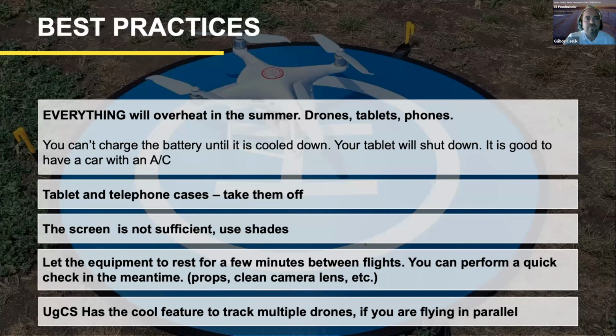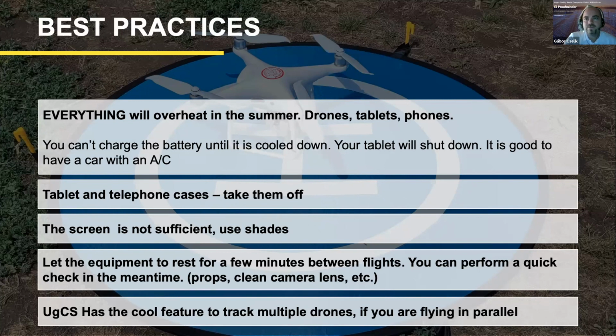So the best practices in general, everything will be really hot in the summer. Everything will be maybe shutting down. So for example, tablets and phones, they tend to overheat in the summer. We suggest you remove the protective covers from your tablets or phones, because it just makes everything worse.